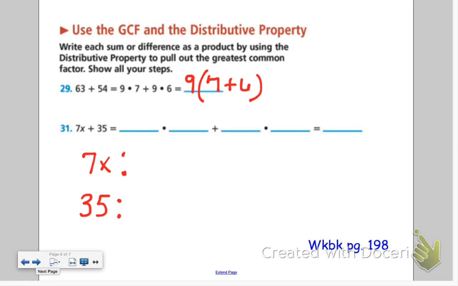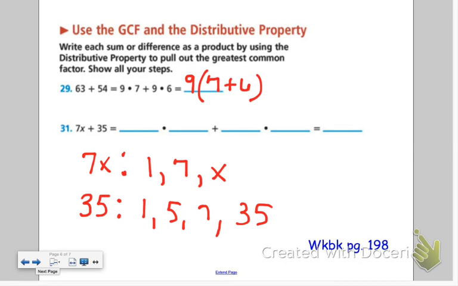I'm going to list out all the factors. The only factors for 7 are 1 and 7, obviously, because 7 is prime. And I'm still multiplying that by x, so I would consider x a factor too. These are all the numbers I'd have to multiply to get 7x. And for 35: 1, 5, 7, and 35.